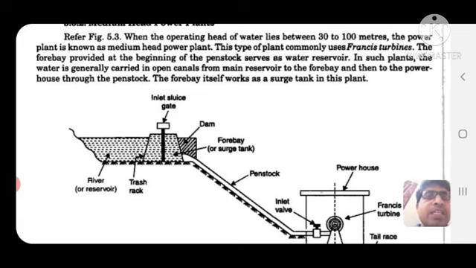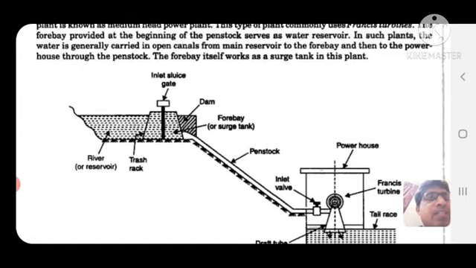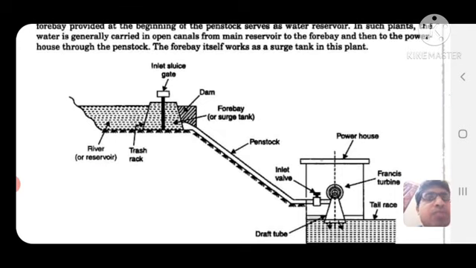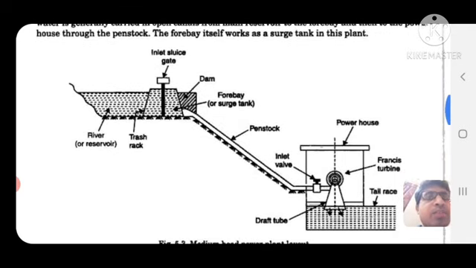In such plants, the water is generally carried in open canals from the main reservoir to the forebay and then to the powerhouse through the penstock. The forebay itself works as a surge tank in this plant. Here we see the dam, penstock, valve inlet, and powerhouse.